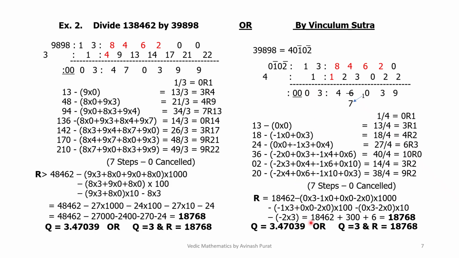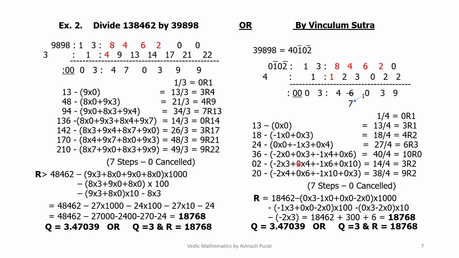That gives us 18462 plus 300. Nothing is multiplied, 0 multiplied by 1000, 3 multiplied by 100, nothing multiplied by 10, and plus 6. So that gives us remainder 18768.